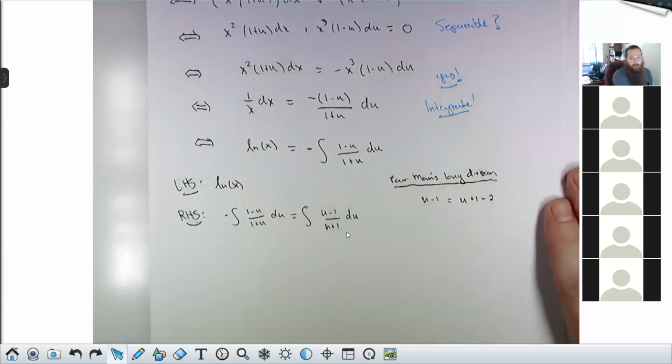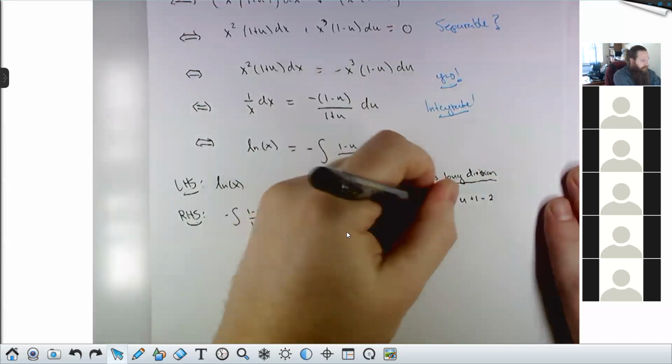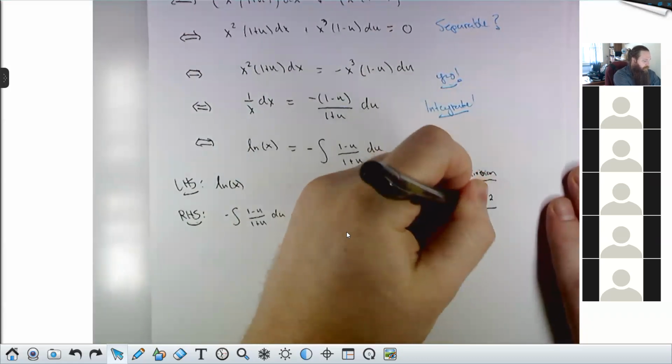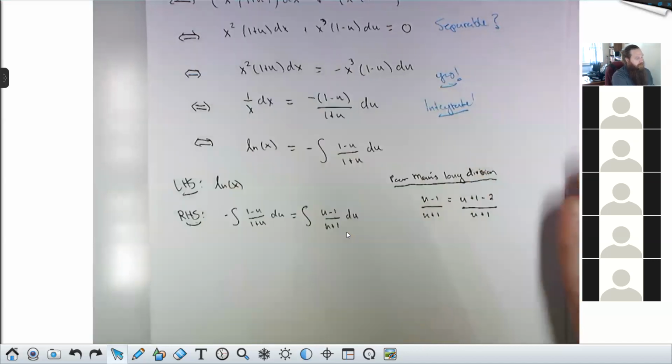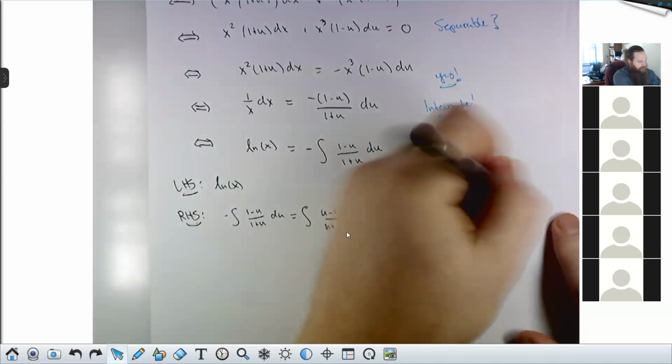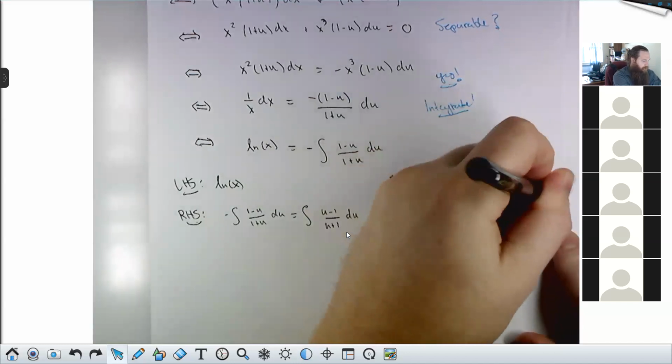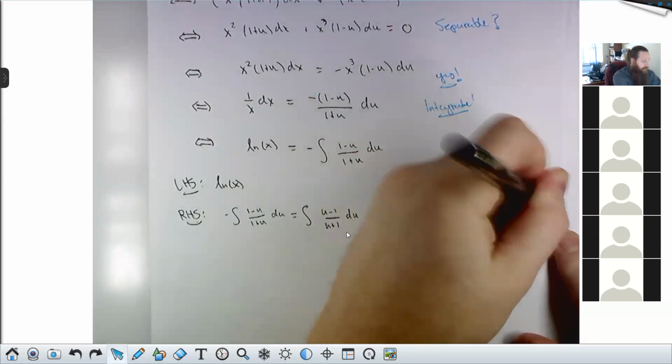Add and subtract 1. So u minus 1 over u plus 1 is the same as u plus 1 minus 2 over u plus 1, which is the same as u plus 1 over u plus 1 minus 2 over u plus 1.